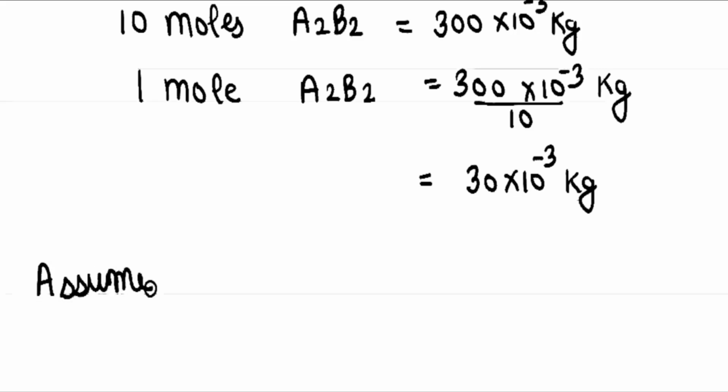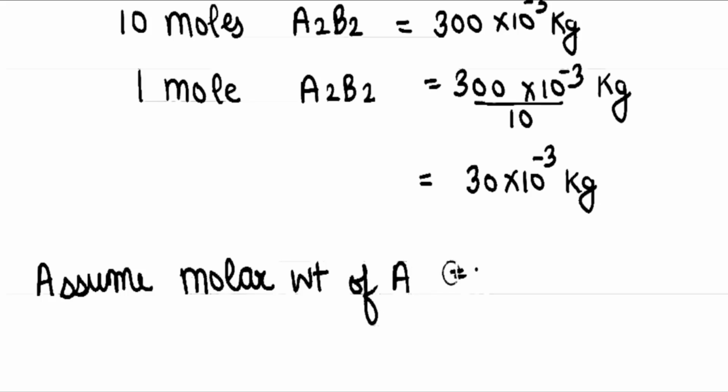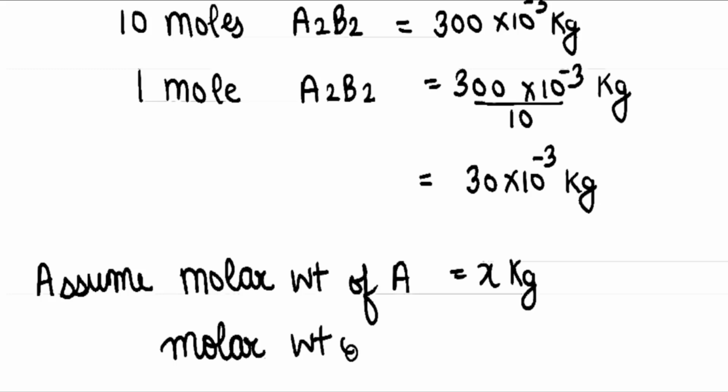Now assume the molar mass of A is x kgs, and the molar mass of B is y kgs. So this is x, this is y.